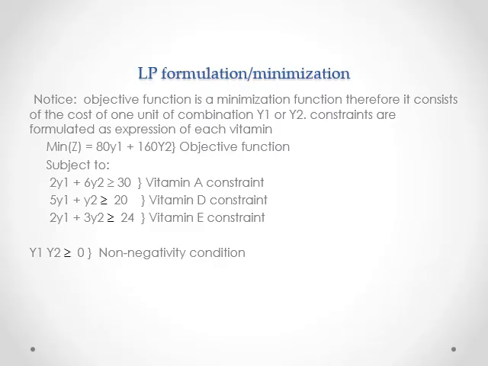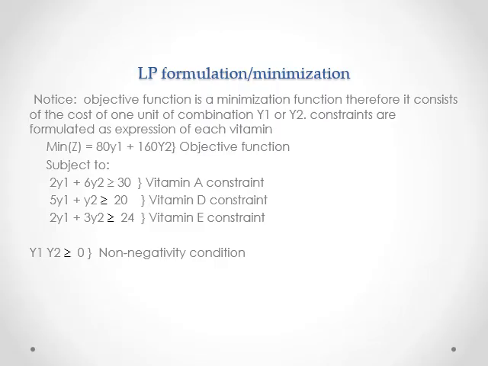This objective should be applicable if and only if the following three constraints are satisfied. 2y1 plus 6y2 more or equal 30.